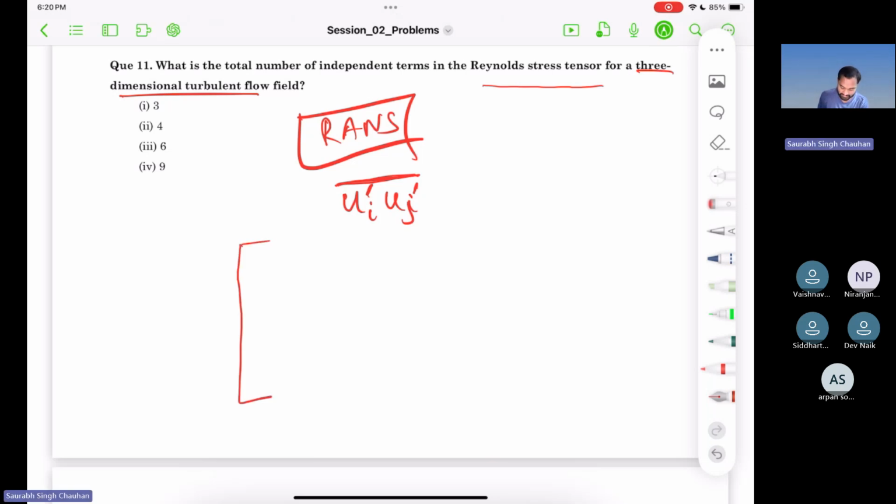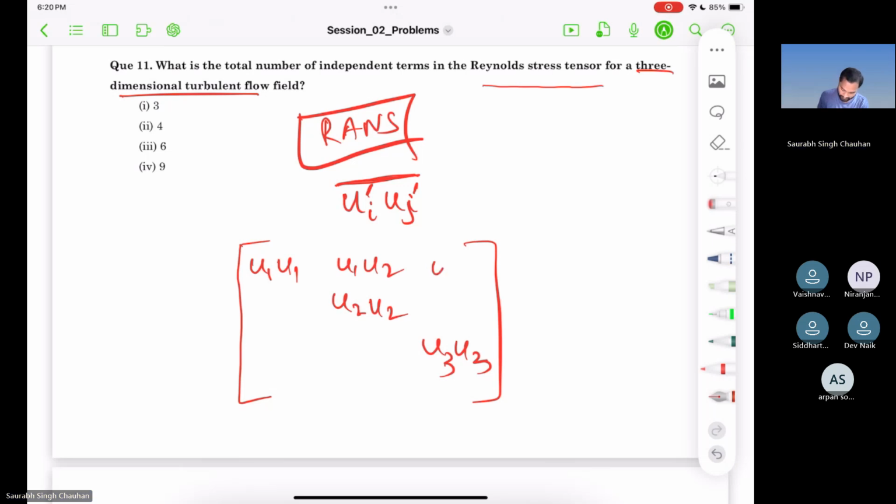If you write it in matrix form, it will be u1u1, u2u2, u3u3, and similarly u1u2, u1u3, u2u1, u2u3, u3u1, u3u2, with not u1 but their fluctuating components.